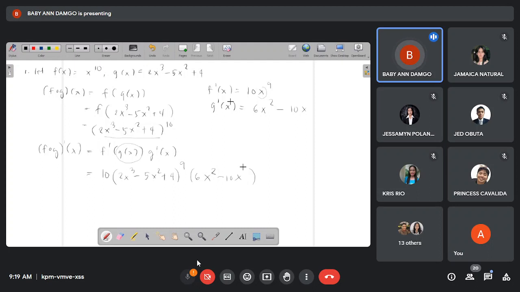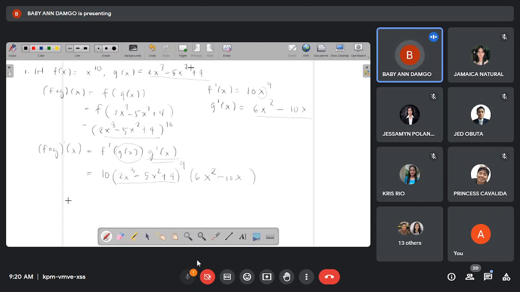Okay? So, the same. This is your f prime of x, which is equal to 10x to the power of 9. And then what we need is g of x. So the x here is replaced by the value of g of x, which is 2x cubed minus 5x squared plus 4, to the power of 9 times the derivative of g of x, 6x squared minus 10x. Okay.